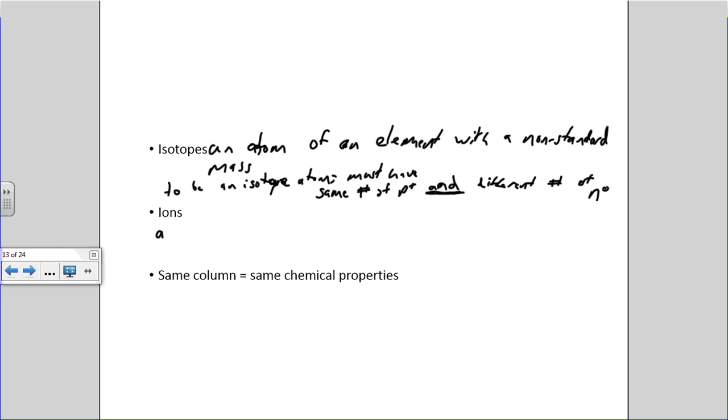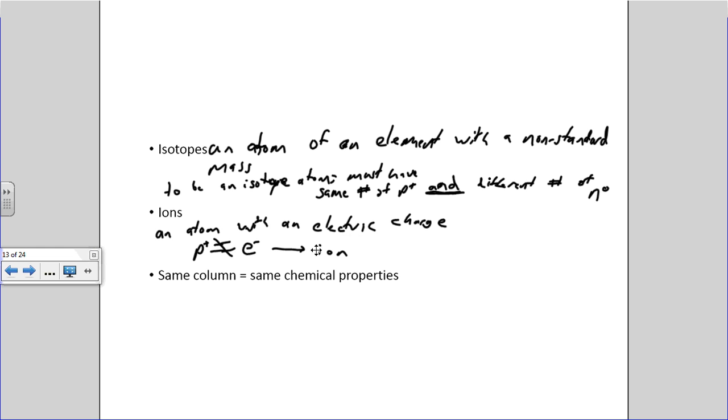Ions. An ion is an atom with an electric charge. So we have an electric charge on ions. Ions, the only way to get an ion is have the number of protons and number of electrons not equal. Okay, so if protons do not equal electrons, then you're looking at an ion.